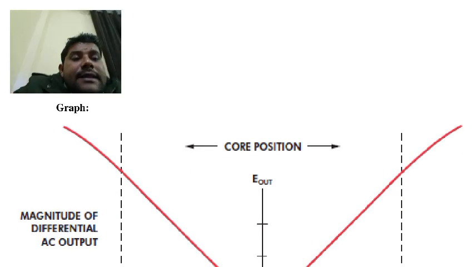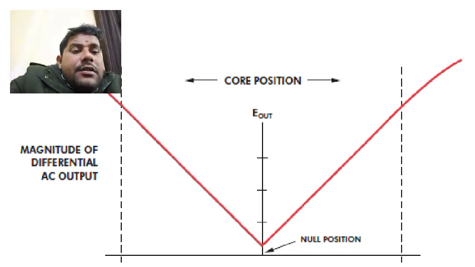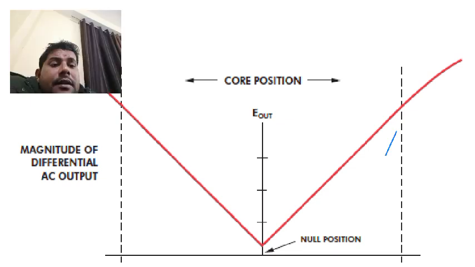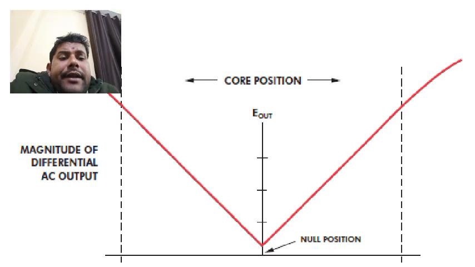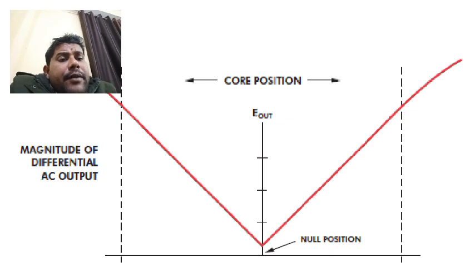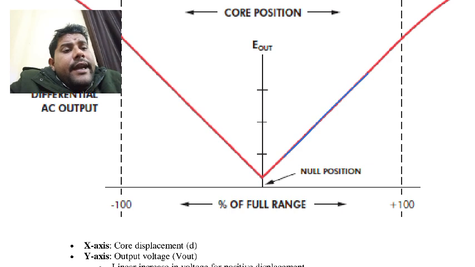So we can see this in this diagram. This is the core position, and this is the null position. Generally some voltage is also induced here, and up to this position the LVDT is linear.